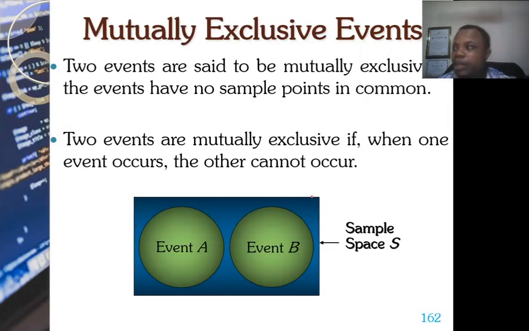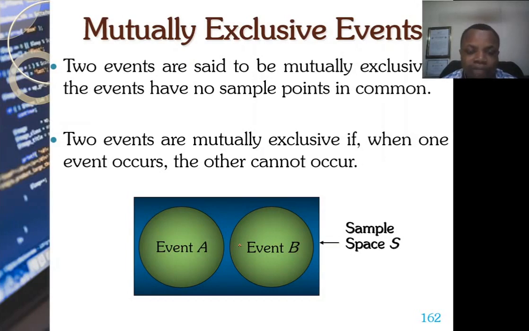Now we could also think about mutually exclusive events. We say that two events are mutually exclusive if they have nothing in common. In other words, they have no sample point in common. Looking at this Venn diagram, you could see that you have event A and event B, but they don't have anything in common.